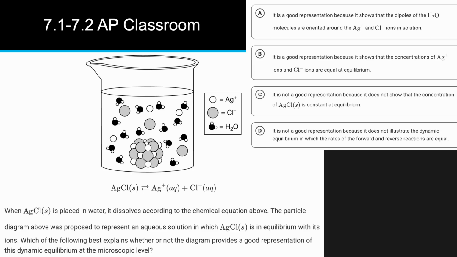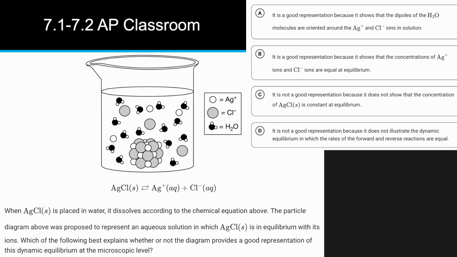The particle diagram above was proposed to represent an aqueous solution in which AgCl is in equilibrium with its ions. Which of the following best explains whether or not the diagram provides a good representation of this dynamic equilibrium at the microscopic level? So first, we need to remember what dynamic equilibrium actually means.